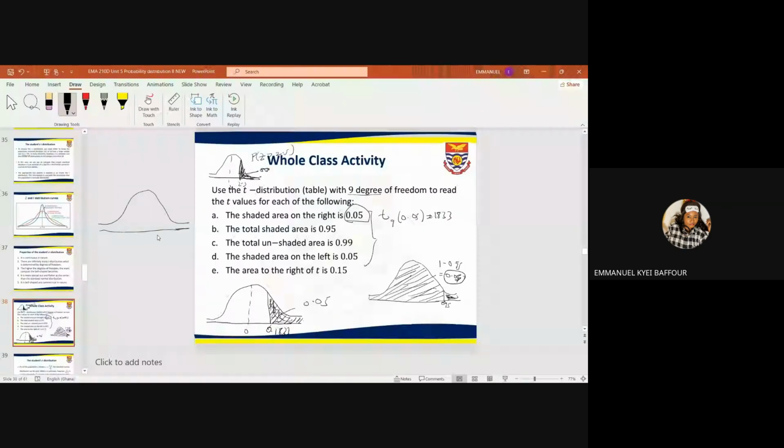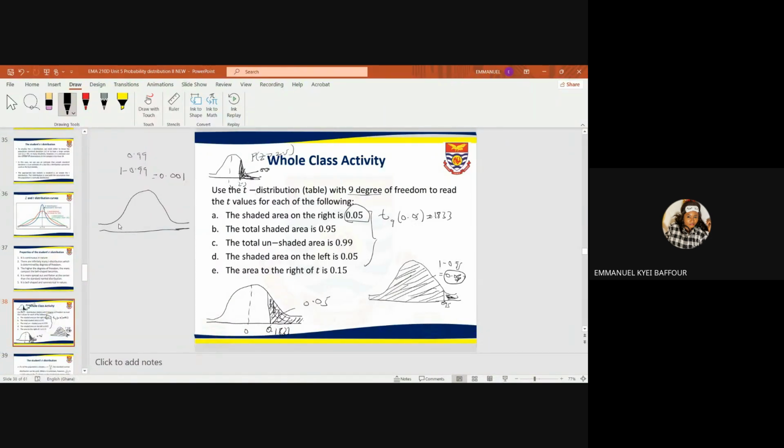We said the total unshaded area is 0.99. But we know everything under this curve is equal to 1. So if 0.99 has not been shaded, then the part that has been shaded will be 1 minus 0.99, isn't it? So this will give us 0.01.